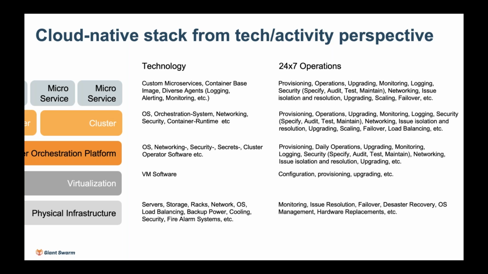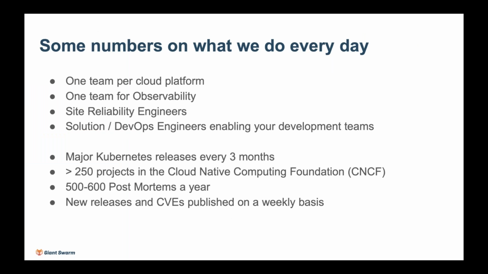So this might sound like a lot, and it actually is a lot, but to put more meat to the bone, I just put some points together on what we actually do on a daily basis to provide our customers with such a platform. Within Giant Swarm, we've got one team per cloud platform.